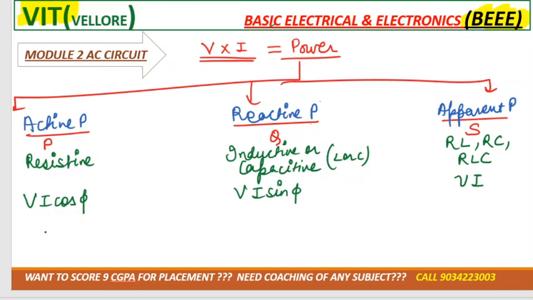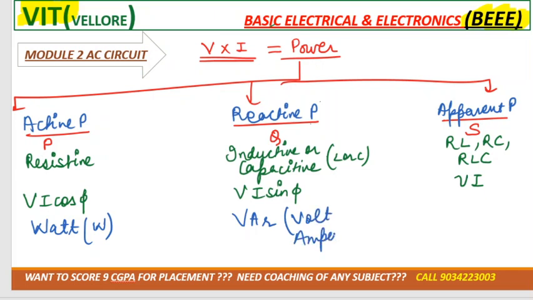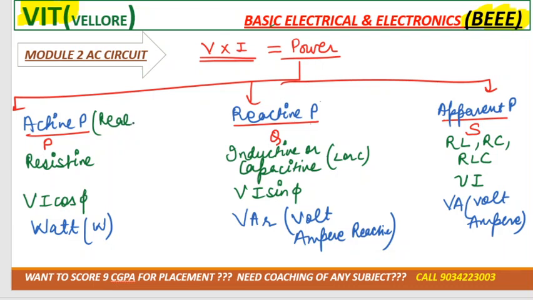Okay. Active power standard unit is watt, that is represented by W. Reactive power standard unit is VAR, that is volt-ampere reactive, and apparent power unit is VA, that is volt-ampere. Okay. Active power's other names are real power, or true power.